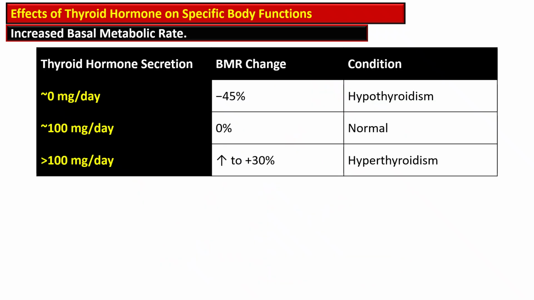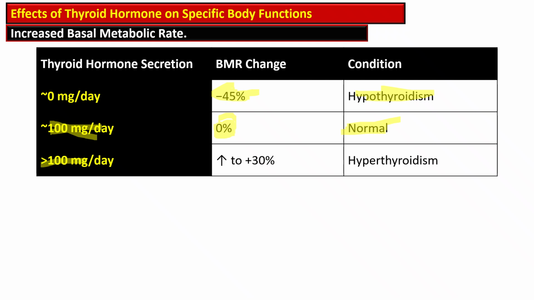This table is summarizing the effect that we have seen in the graph. On the secretion of about 0 milligram per day, the basal metabolic rate is at minus 45, and this is the hypothyroid region of the graph. At the 0% change, or the normal activity of the thyroid gland, that is about 100 milligram per day, the condition is normal, and this is the baseline level.